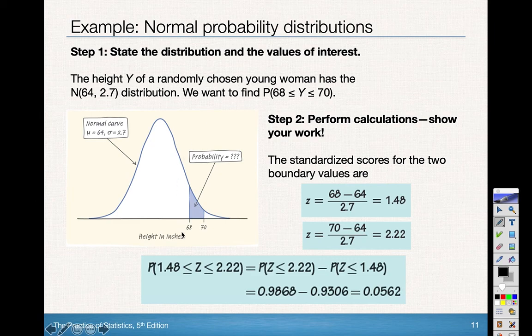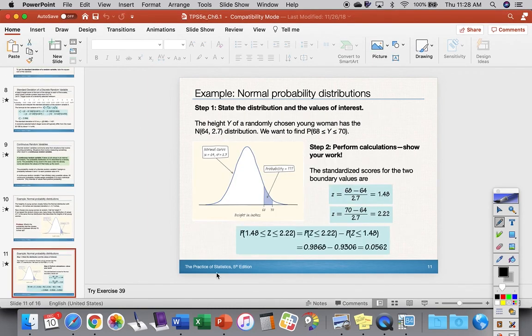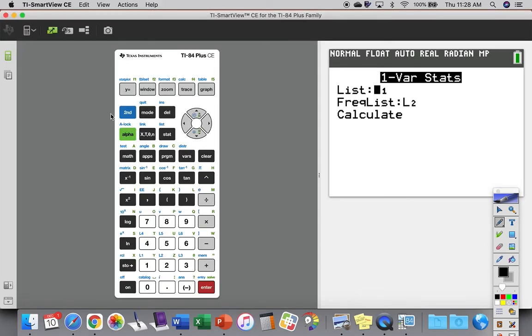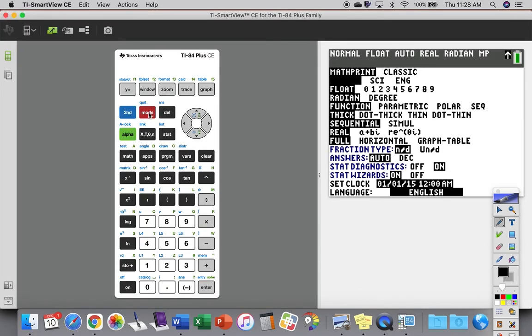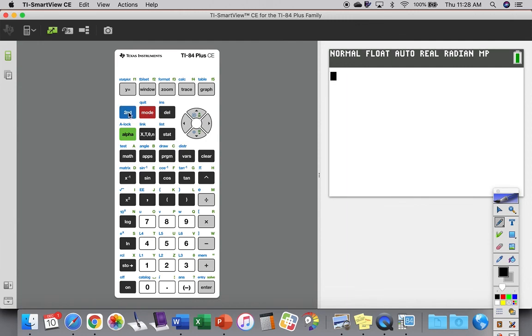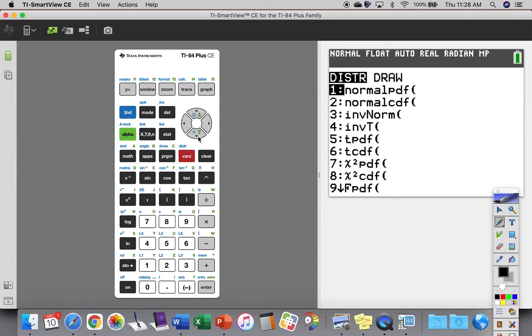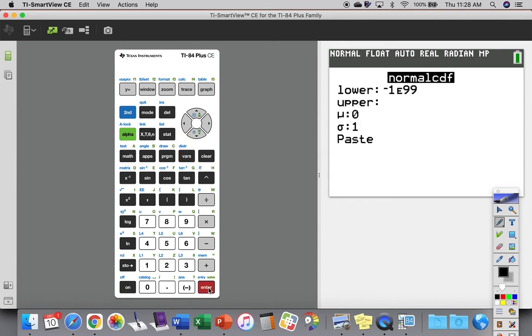We have 68 to 70. Let me just remind you on the calculator. Second, distributions. This is a normal CDF to find area under a curve.